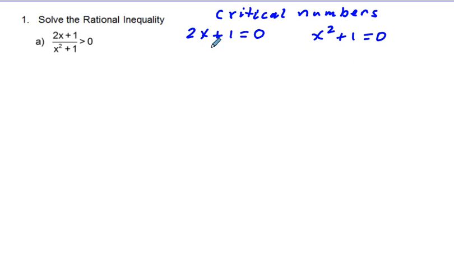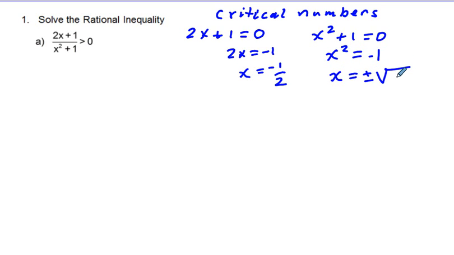We have 2x is equal to negative 1, and so x is equal to negative 1/2. And so that is a critical number for us. And similarly, if we subtract 1 from both sides of this other equation, we have x squared is equal to negative 1, and taking the square root of both sides, we have x is equal to plus or minus the square root of negative 1.